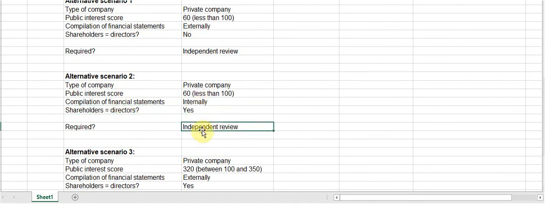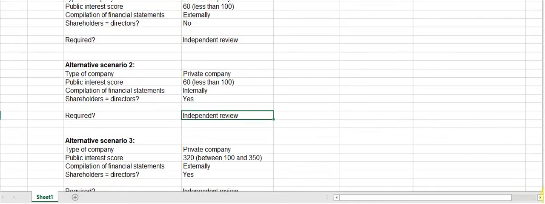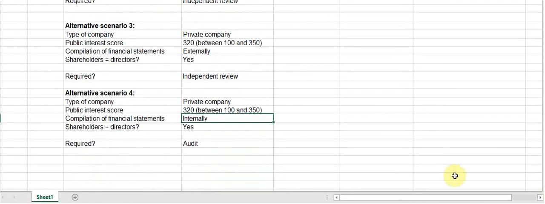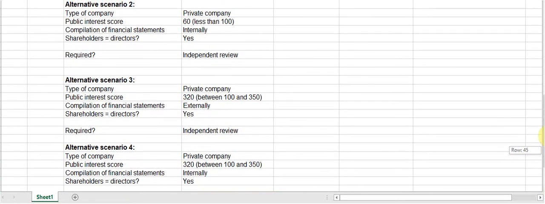So we need to have some kind of proof that it has been independently reviewed. Then between the 100 and 350, as I've said, the most important thing to look at is whether it's internally generated or externally. Externally, it's an independent review. Internally done, it requires an audit.